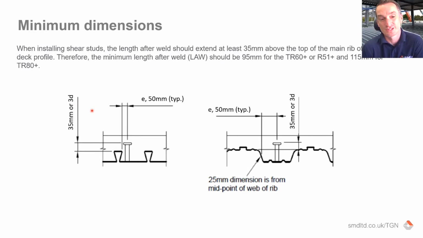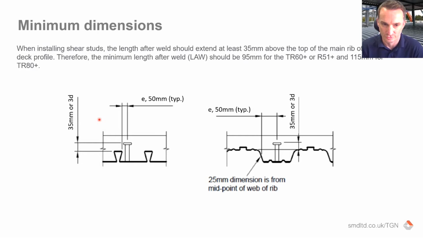So that should be 2D, which is actually 38 millimeters, but commonly a 100 millimeter stud, which is 105 millimeters before weld, 100 millimeters after weld if you weld directly to steel, but is under 100 millimeters when you weld through deck, is used on a 51 or 60 deep profile, and our 80 deep profile will have a longer stud, so it will have a 120 after weld, but 130 pre-weld.